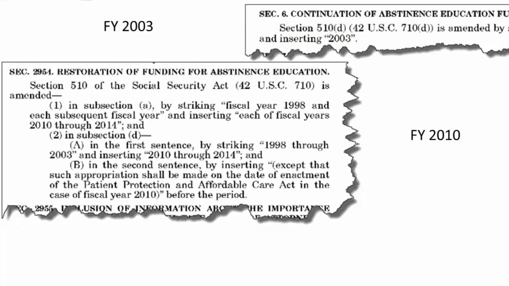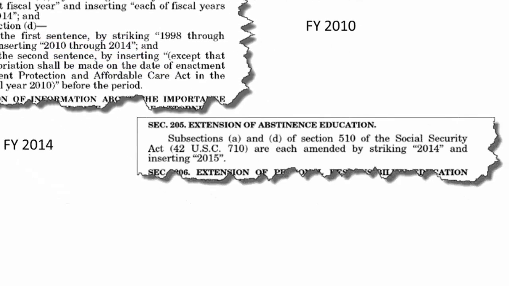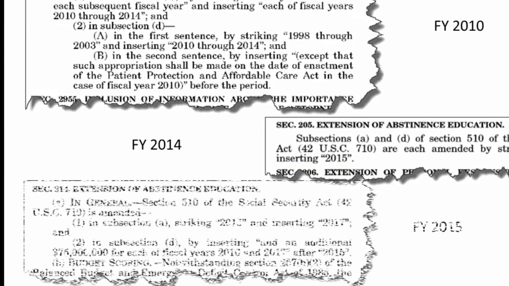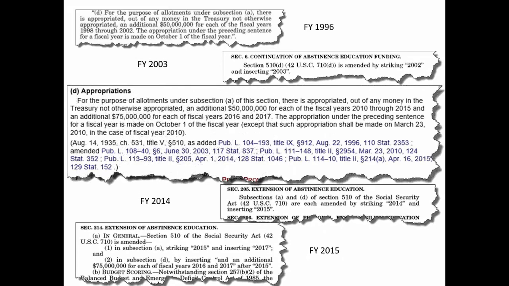Then, in fiscal year 2010, the funding was extended by amendment to fiscal year 2014. In 2014, an amendment extended the funding through 2015, and in 2015, an amendment extended the funding through 2017. Note, the newly codified version in 42 U.S.C. 710 has the most recent date of extension and also a list of all the legislation.